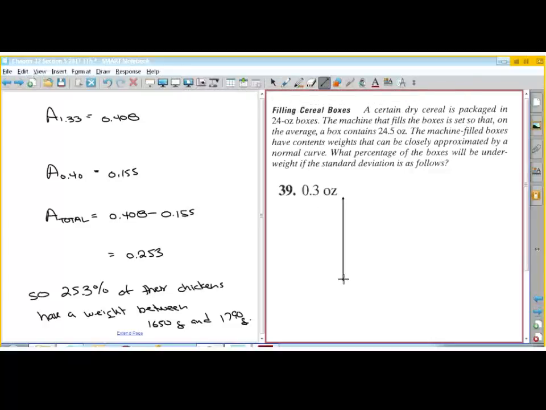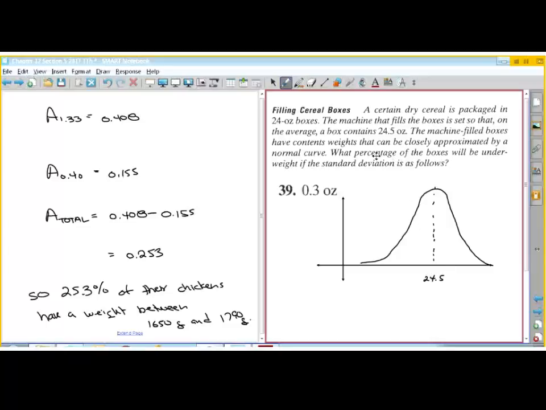So let's see if we can see what this means by drawing a picture again. So we draw our normal distribution. It says that certain dry cereal is packaged in 24-ounce boxes. The machine that fills the boxes is set so the mean is 24.5.